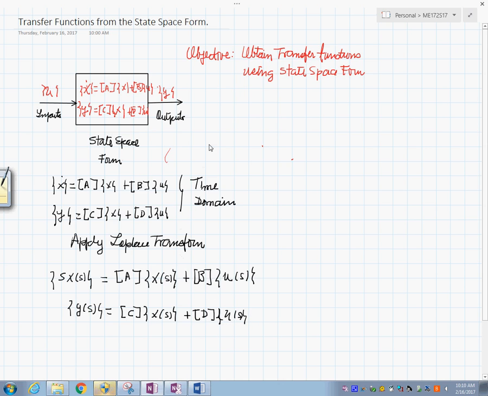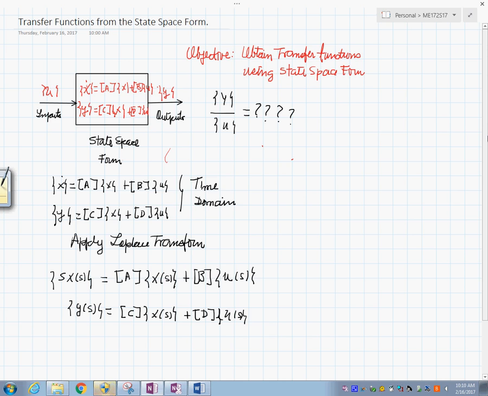You see, we are interested in our objective to obtain some sort of a relationship of the output in relationship to the input, see? This is what we want, because that's what a transfer function is.